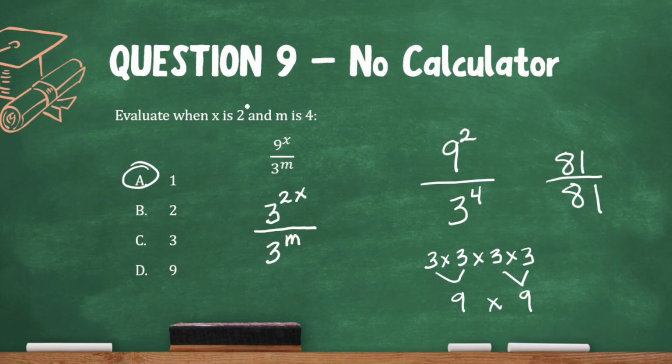Now when I substitute those values in, x is 2, so that would be 3 to the 2 times 2 over 3 to the 4th. And that's the same as 2 times 2 is 4, so that would be 3 to the 4th over 3 to the 4th, which is obviously also 1.